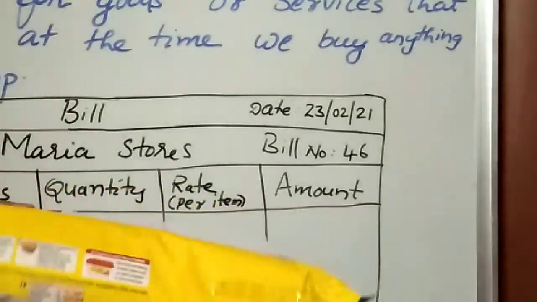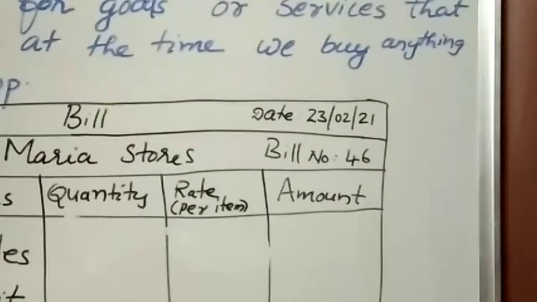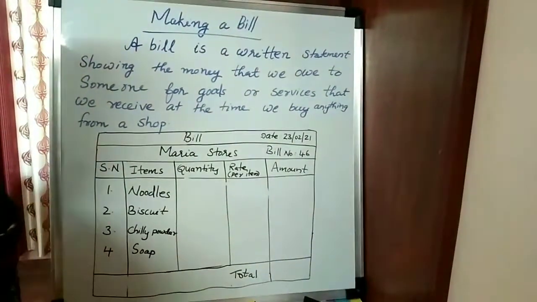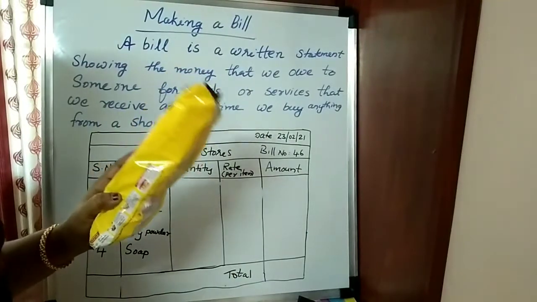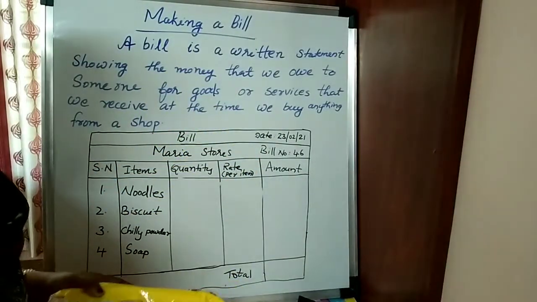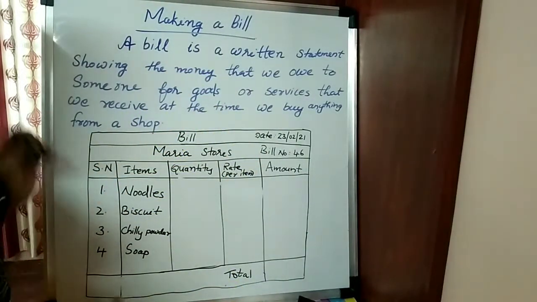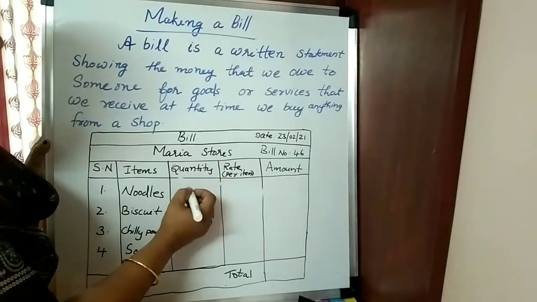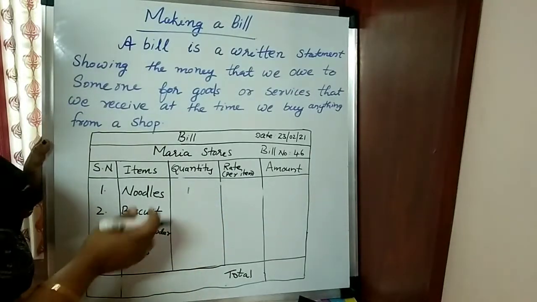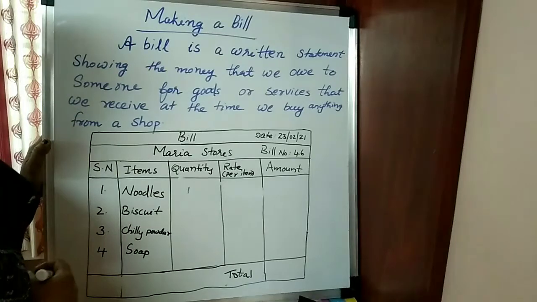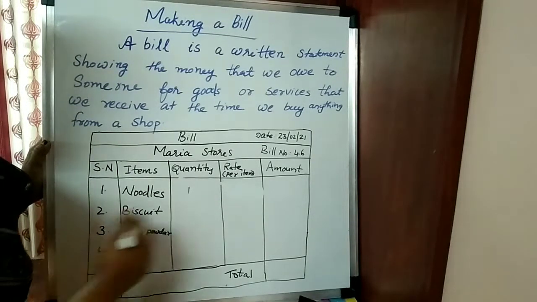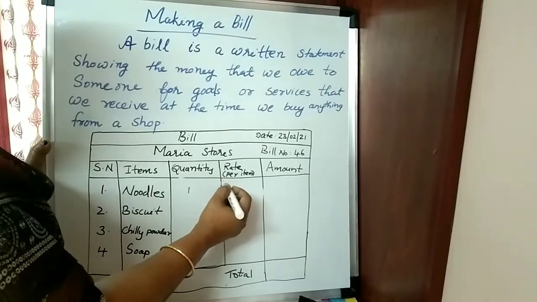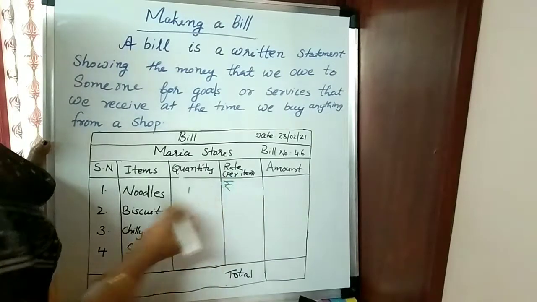I will write the quantity, means how many items I have purchased. I have purchased one item. So I will write 1 under the quantity, 1 noodle. Then its rate, what is the rate of this one quantity?